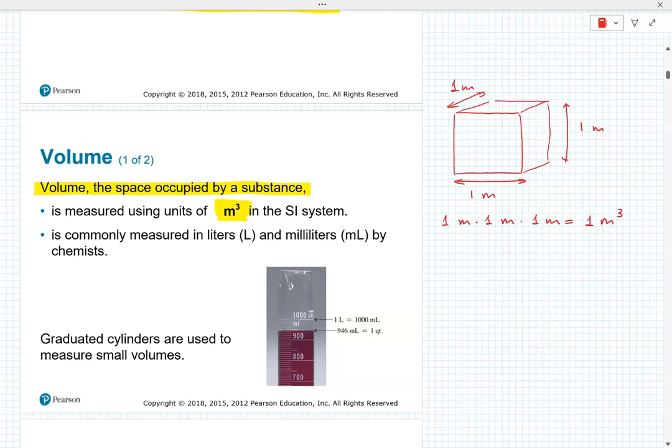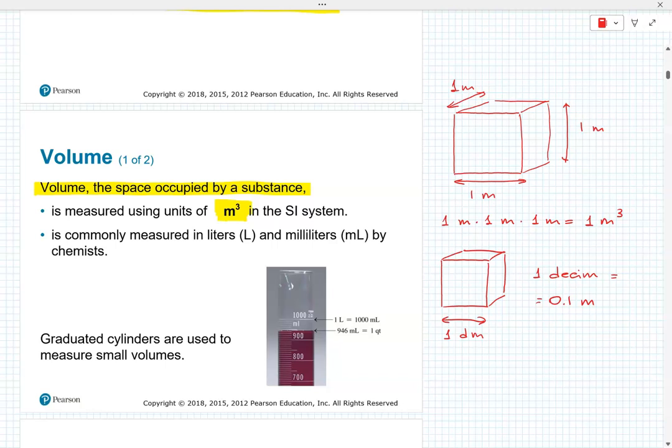Now, kind of jumping ahead of the train a little bit, I'm going to define a liter for you. It's a cube, and I'm not going to draw all 3 sides, with a side of 1 decimeter. Okay? Good, everybody? So what is 1 decimeter? Exactly.